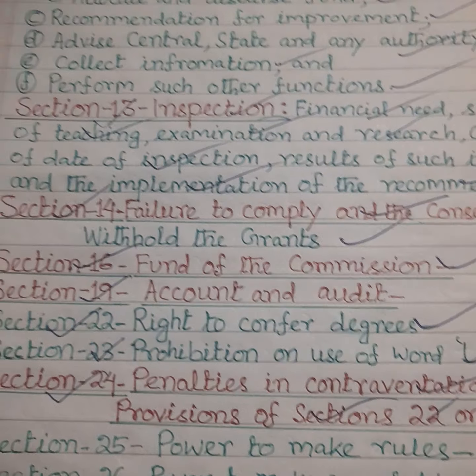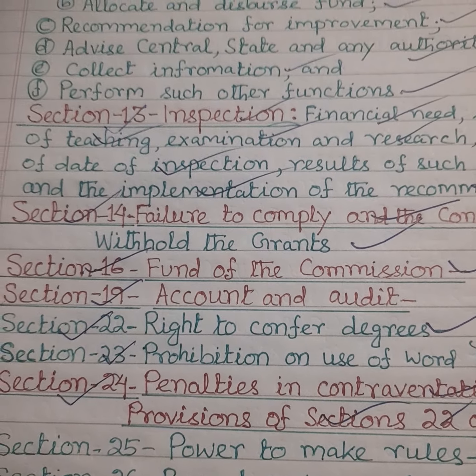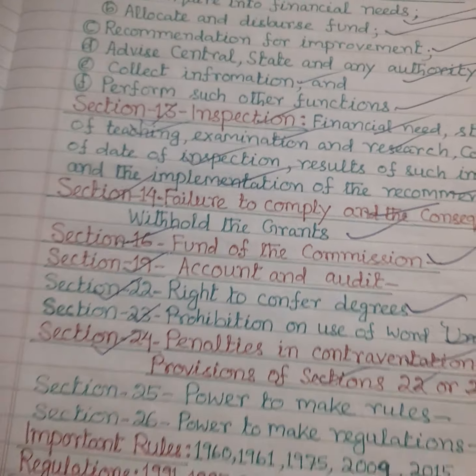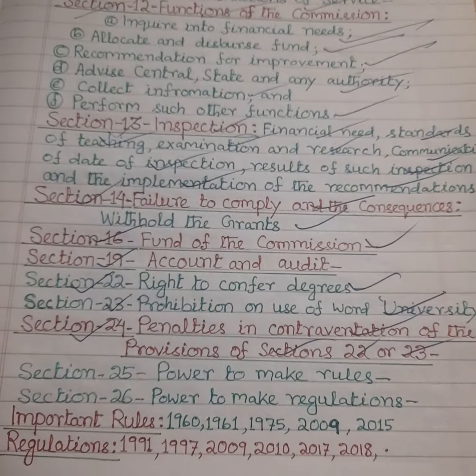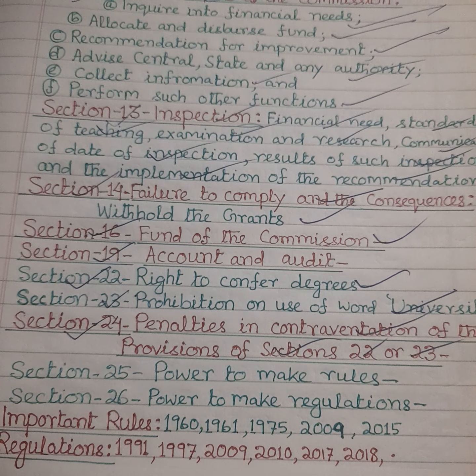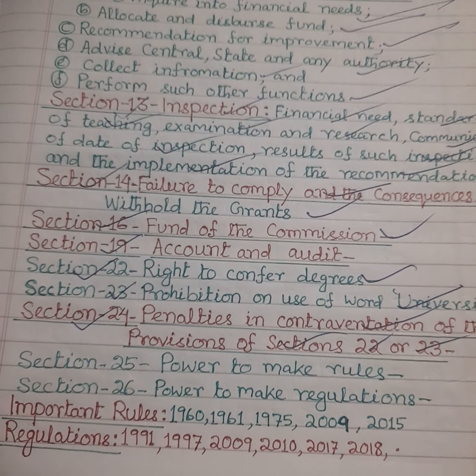And now we'll discuss the penalties provided under Section 24 for contravention of the provisions of Sections 22 and 23. Whoever contravenes the provisions of Section 22 and Section 23 shall be punishable with fine which may extend to 1,000 rupees.